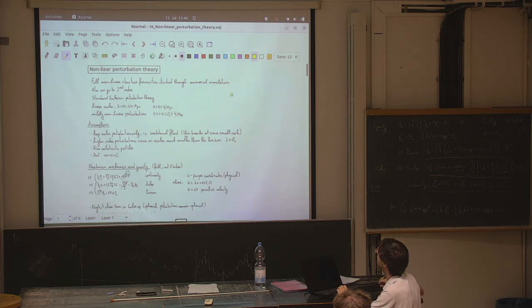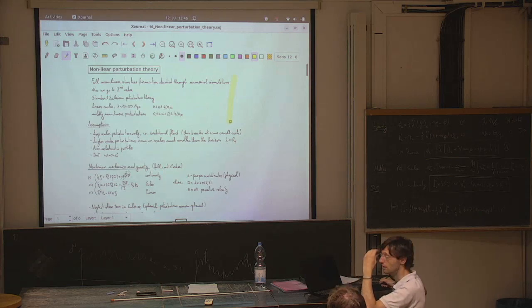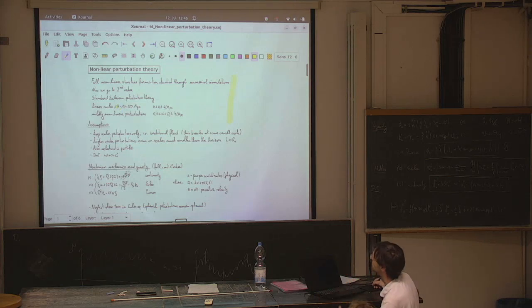Namely, we are going to consider moving to a nearly nonlinear regime, in which even at low redshift the nonlinearities do not occur on large scales.